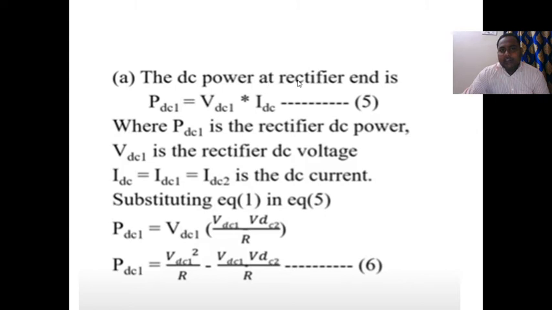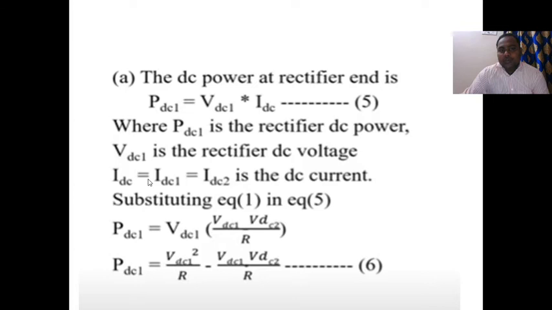The DC power at the rectifier end is PDC1 is equal to VDC1 into IDC. This is equation 5, where PDC1 is the rectifier DC power, VDC1 is the rectifier DC voltage. IDC is equal to IDC1 is equal to IDC2 because the current is the same in the entire DC transmission.